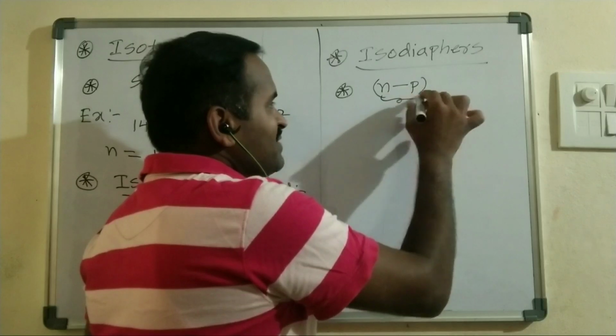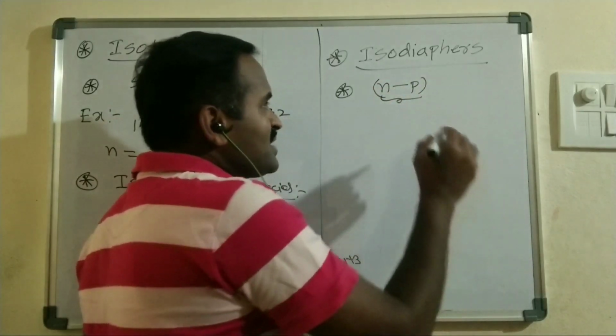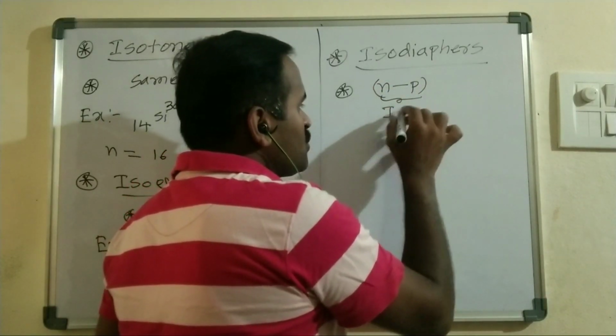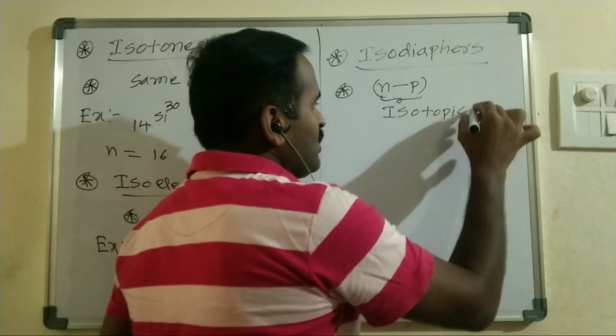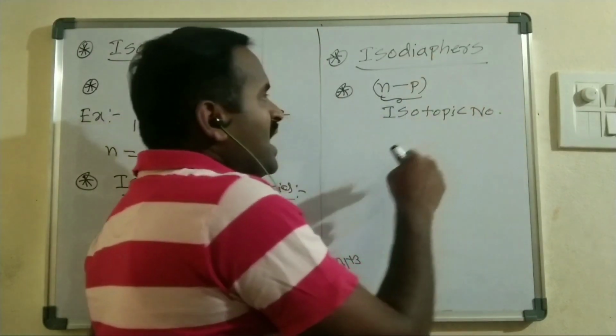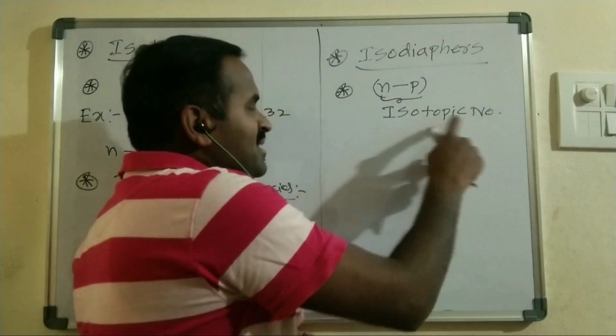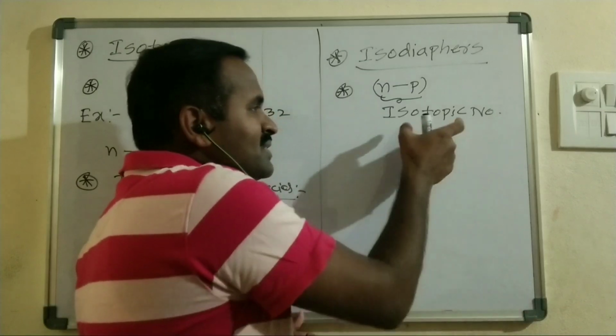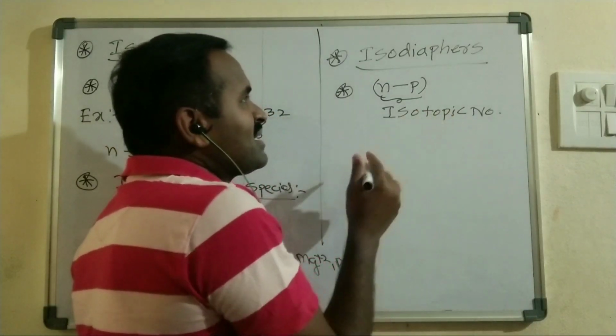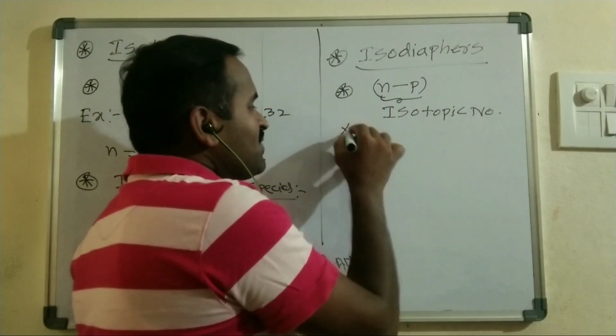Generally, the difference between the number of neutrons and number of protons is called the isotopic number, right? So atoms of different elements which have the same isotopic number are called isodiaphers.